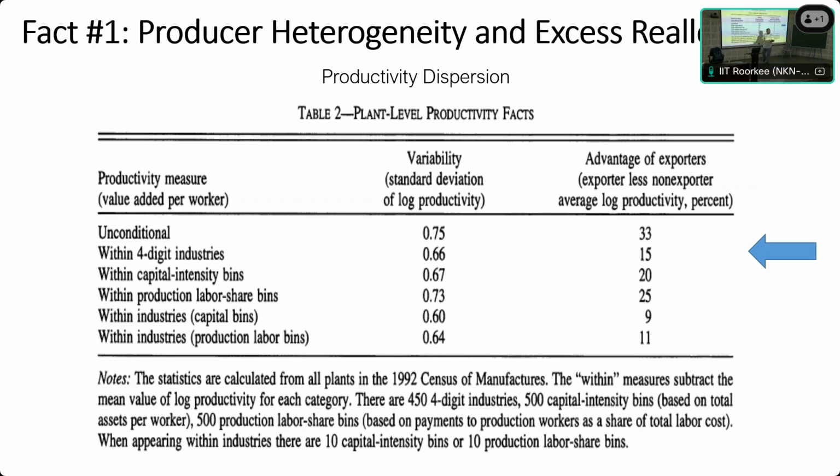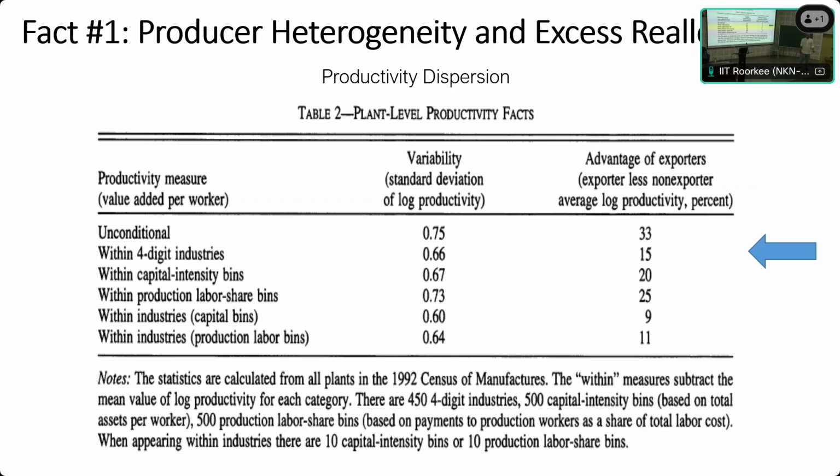So these came out and people started thinking, why is this the case? Why, even within the industries, are firms so different? It's not only across industries. If the truck producing firm is different from a shoe producing firm, or a shirt producing firm, or a medicine tablet producing firm, I know that.